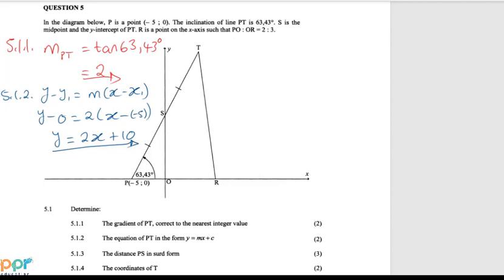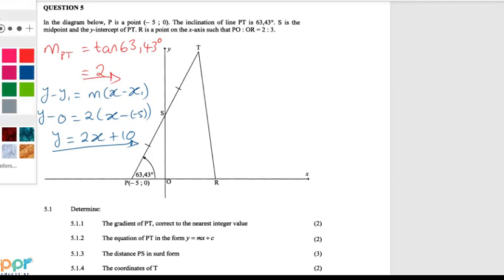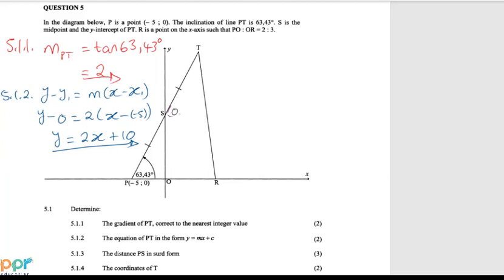And then 5.1.3, that's actually the distance PS. Now, we want the answer in surd form. We must quickly see that S is the y-intercept. For a y-intercept the x-coordinate is equal to 0, but for y we know it is positive 10.